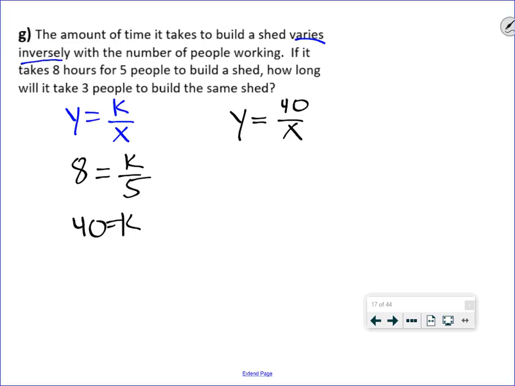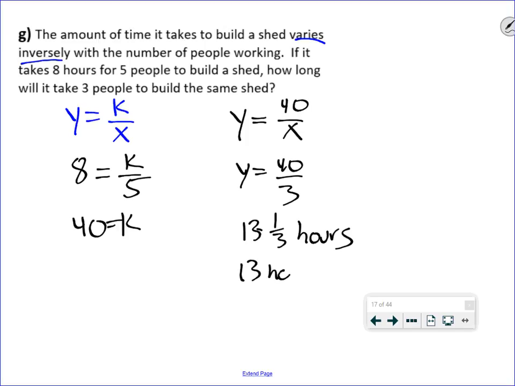How long will it take for 3 people to build it? So that'll be y equals 40 over 3. And the answer will be 13 1/3 hours, or if you prefer, 13 hours, 20 minutes.